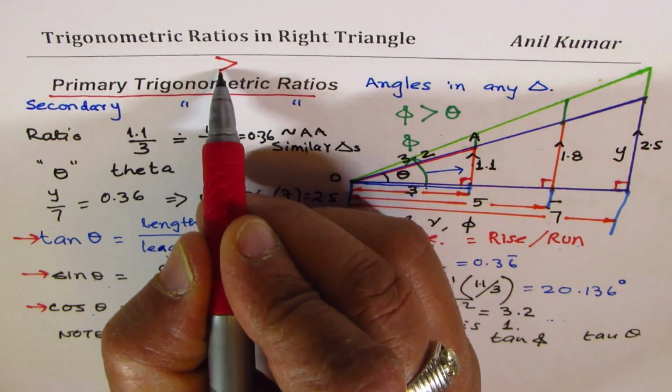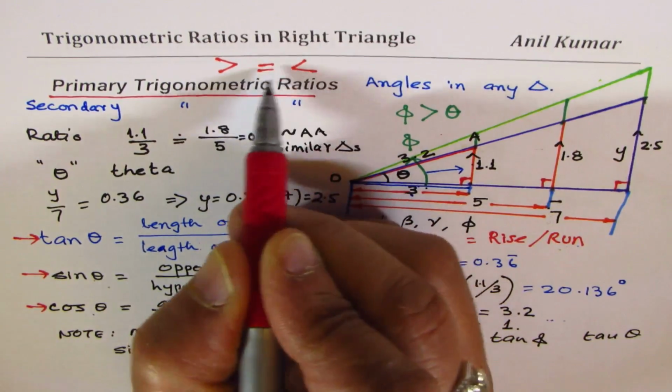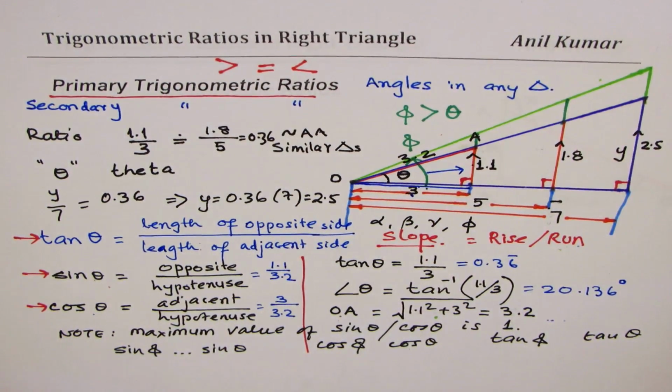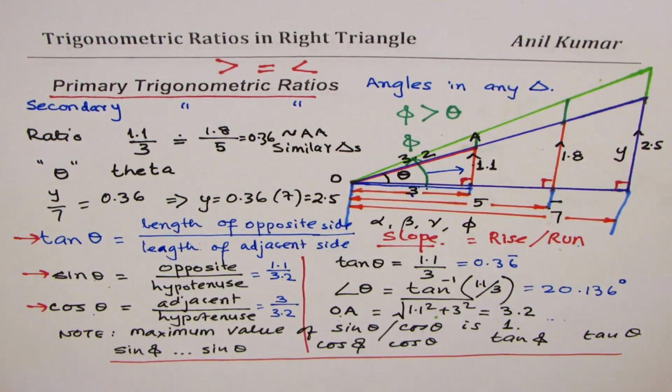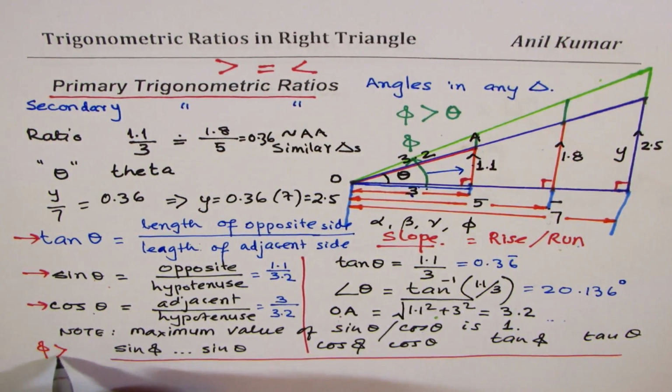You can use any of these symbols. Is it okay? That is the question for you to work on. So let's move on, where we are saying that phi is greater than theta.